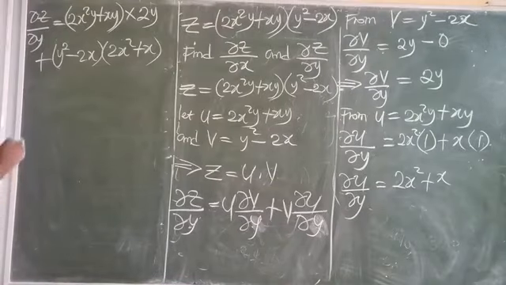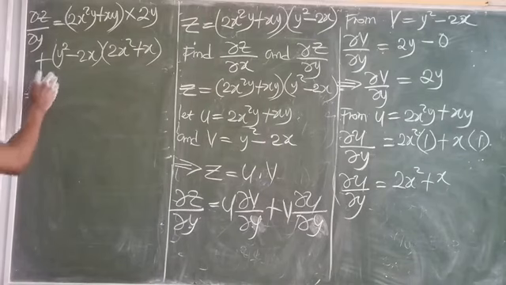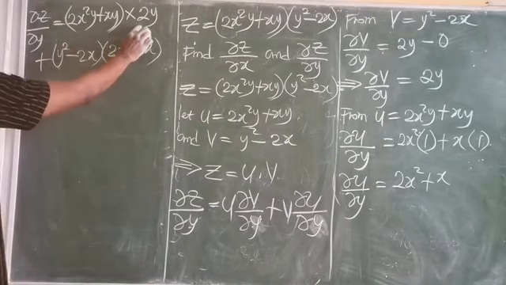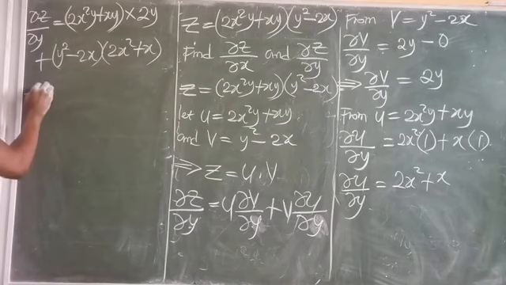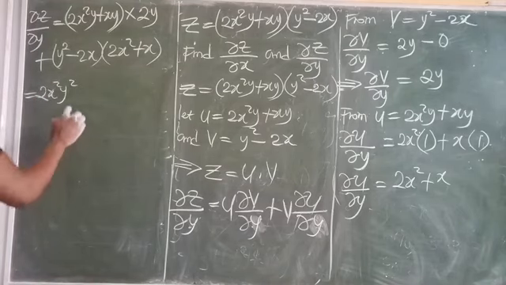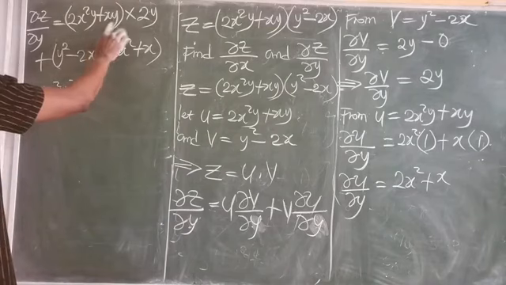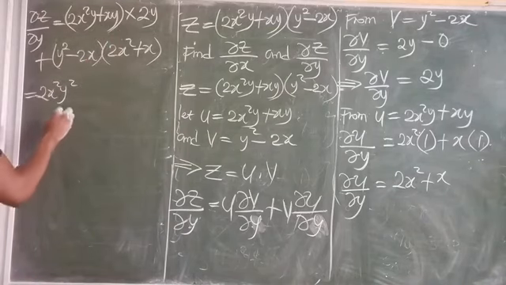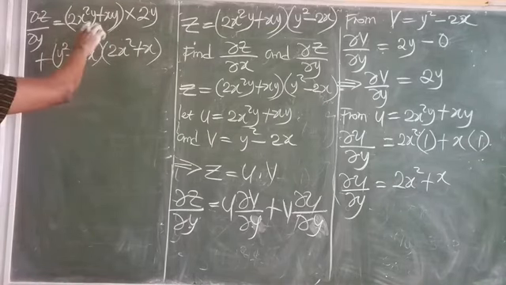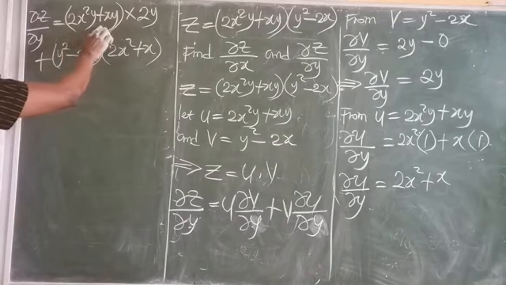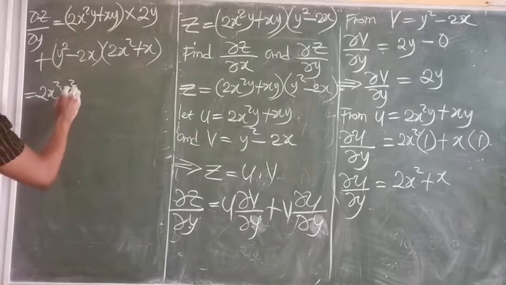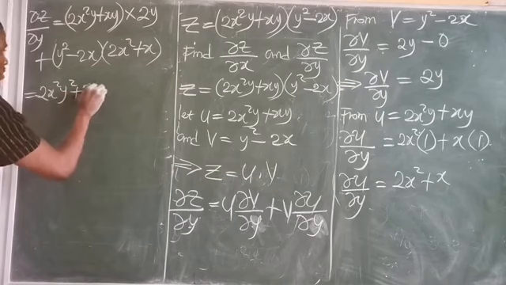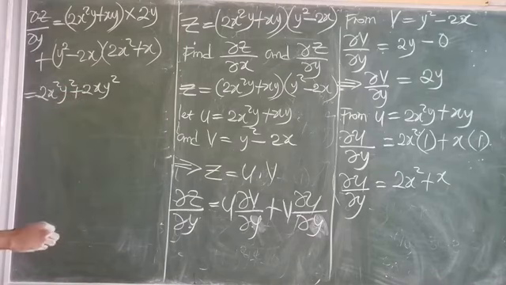Alright, so if I expand this, I will simply have 2x squared y multiplied by 2y gives me 2x squared y squared. Plus xy multiplied by 2y gives me plus 2xy squared.